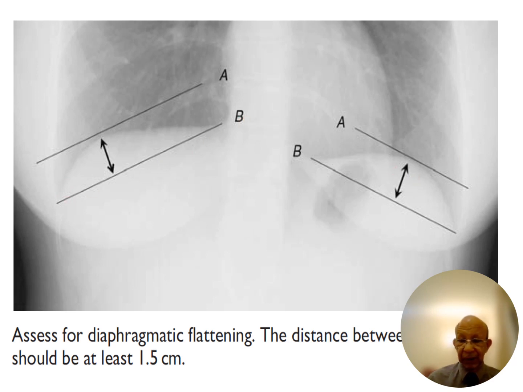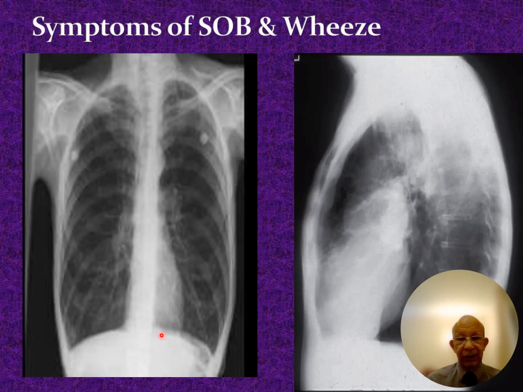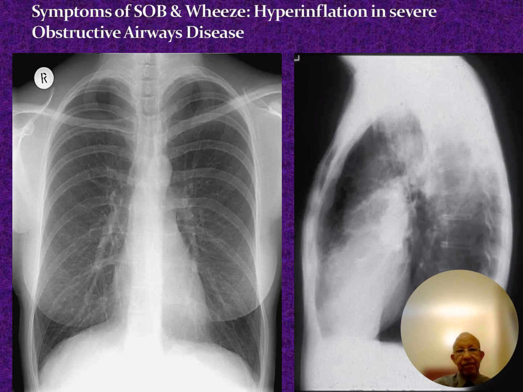So it means that the diaphragms are flattened, and you can see these diaphragms are flattened, hyperinflated lungs, right, a barrel chest, and this is typical of obviously obstructive airway disease, like emphysema. Okay, we see wheezing and hyperinflation, flattened diaphragms, and increased retrosternal space and retrocardiac space because of the barrel chest.